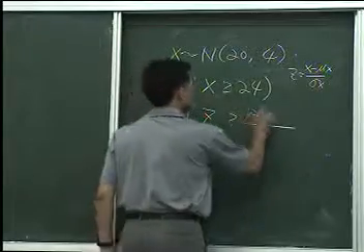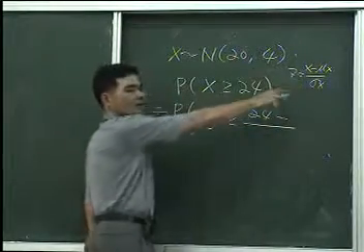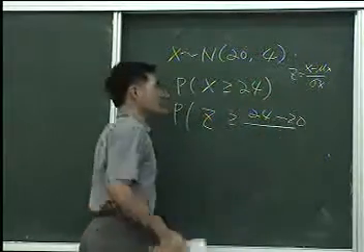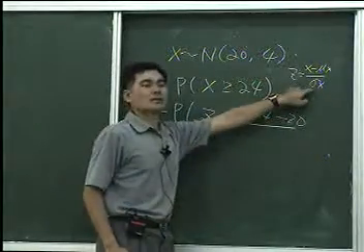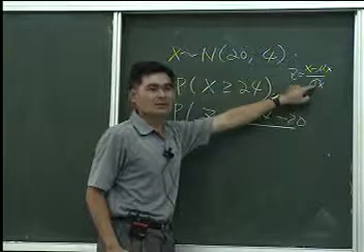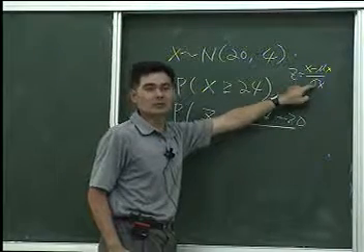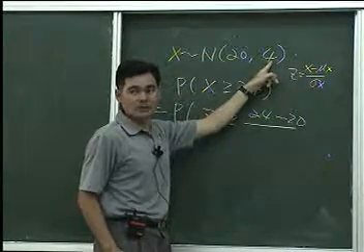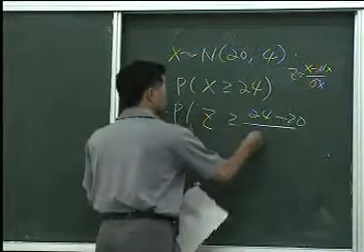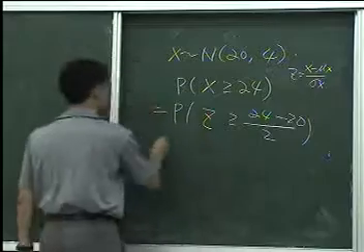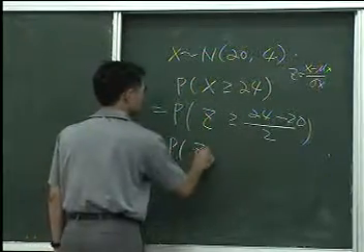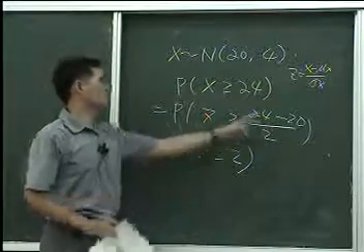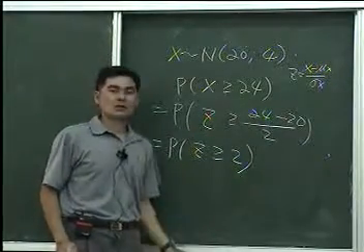So 24 minus mu X, which is 20. And remember, this is sigma X, not sigma X squared. This is the standard deviation; this is the variance. So then it should be 2, right? So P of Z greater than or equal to 2, because 4 divided by 2 we get 2.